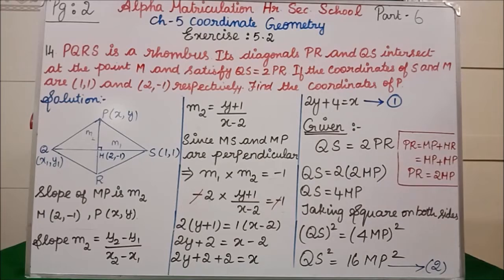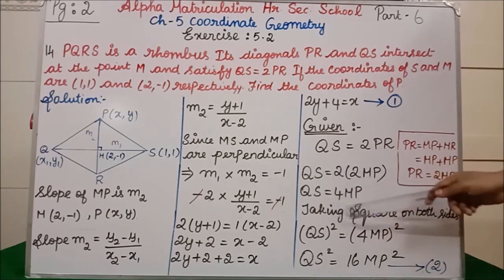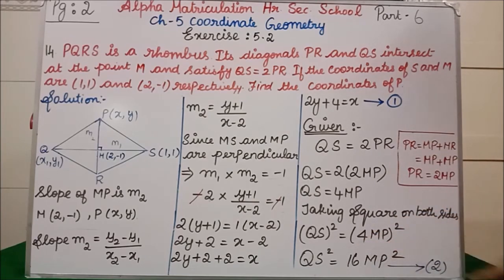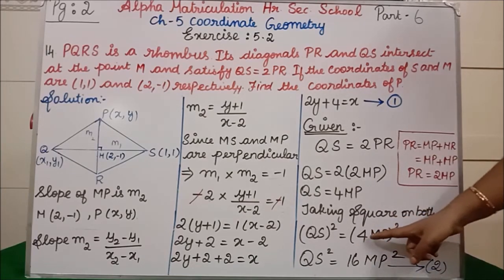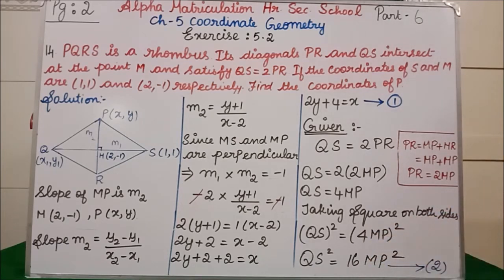The next step what we are doing is squaring on both sides. So QS the whole square is equal to 4 MP the whole square. This square is applicable for both 4 as well as the MP. Here 4 if you square we are getting 16. MP if you square we are getting MP square.